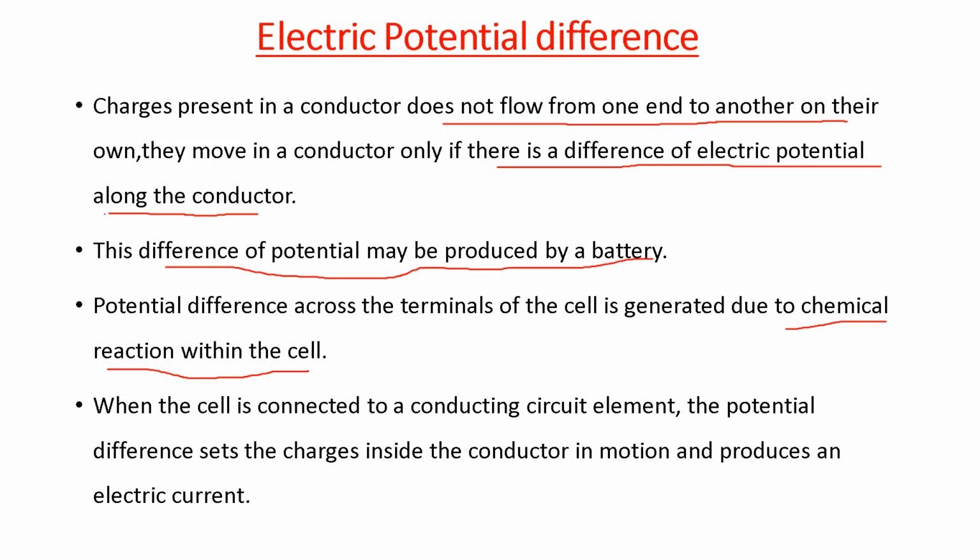So there are chemicals which react with each other and maintain this electric potential between the two ends. When a cell is connected to a conducting wire, the potential difference between the two ends sets the charge inside the conductor in motion and produces an electric current. So this is the electric potential difference between the two ends that makes the charge flow, or we can say a current flow, through a wire.